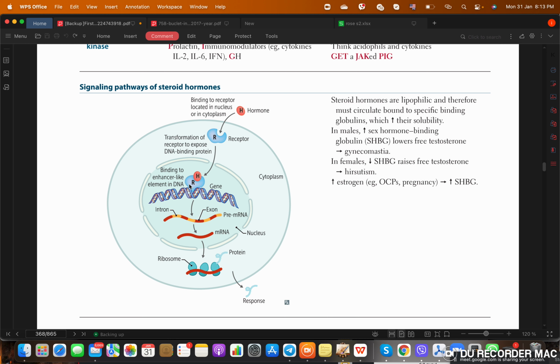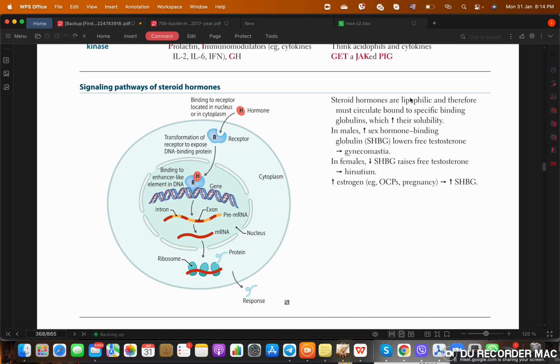After they bind the gene, they lead to an enhancer-like element in the DNA, which eventually is going to make exons and introns. We remove the introns and we put a cap, we put a tail, we have a mature mRNA, which eventually goes to the ribosomes and makes a protein, which is the response.